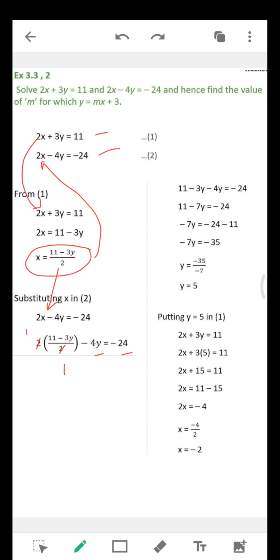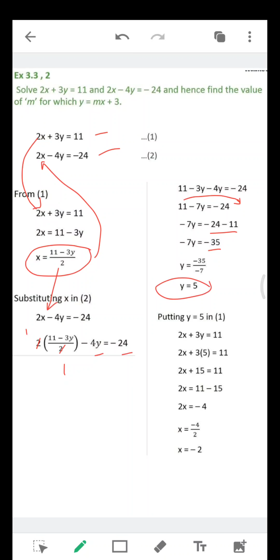This 11 goes to the right and becomes minus 11, and that will become minus 35. So if I find the y value, 35 by 7, it is negative and negative, so the signs get cancelled. You can cancel them here, or while dividing also. 7 fives are 35, so we got the value of y as 5.